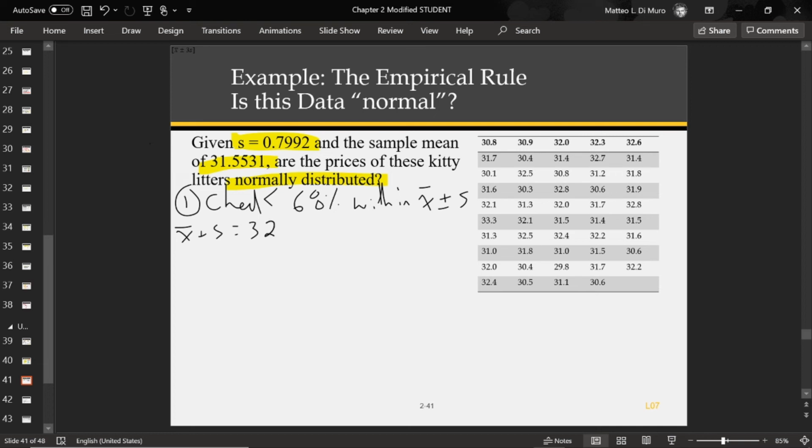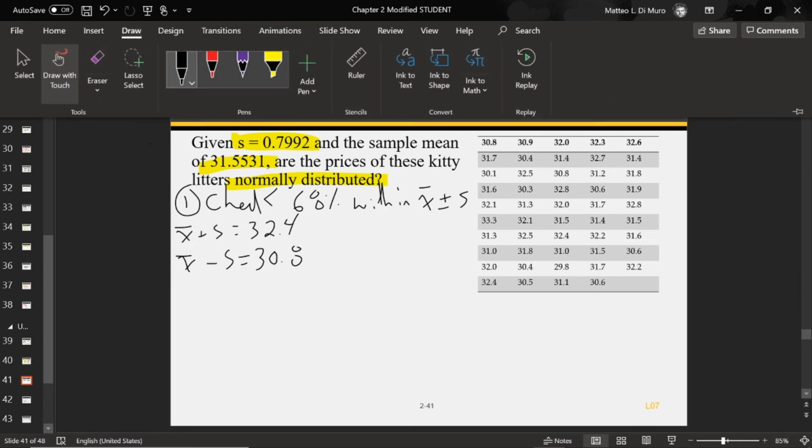Now you're going to get 32.4. I rounded to 1 decimal because if you look at your data, they're all rounded to 1 decimal. Now go X bar minus S. If you go 31.5531 and subtract the standard deviation, you get 30.8.